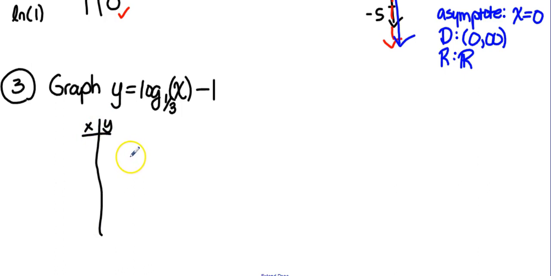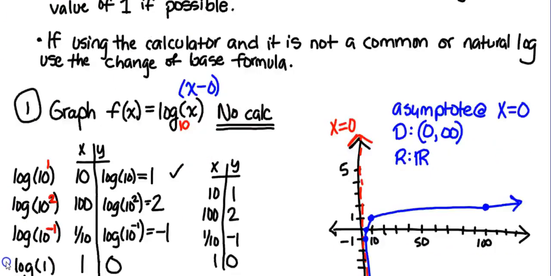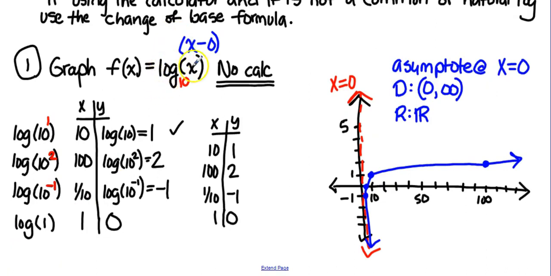So I hope we are kind of seeing a pattern. Coming back to number 1, it was log of x. So 10 was my key number. 10 to the first, 10 squared, 10 to the negative 1 for what I choose as my input values.